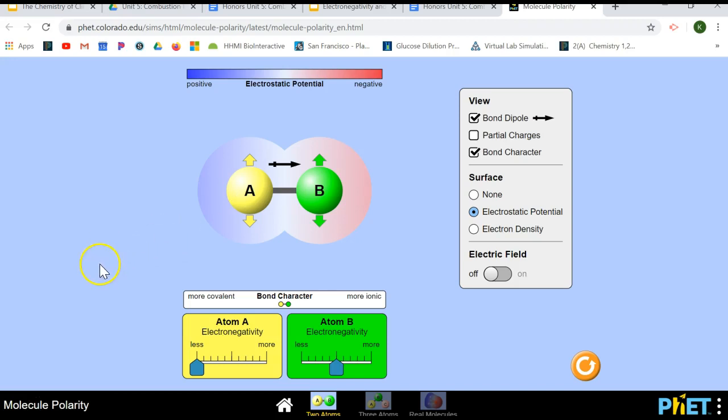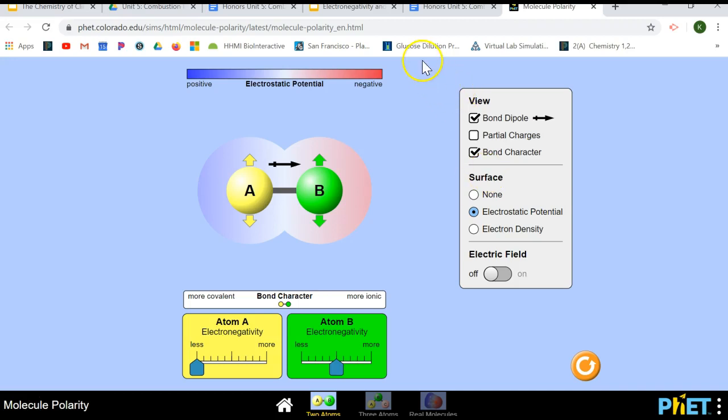So in this exploration, you are going to adjust each atom's electronegativity and see how it affects bond character. Does it make something more covalent, or does it make something more ionic? And start finding some patterns.